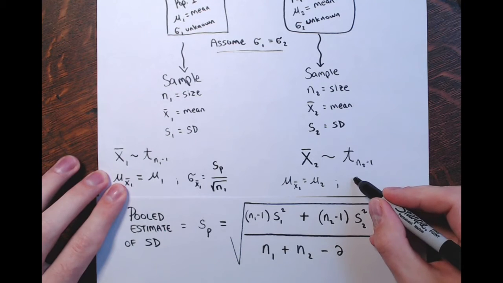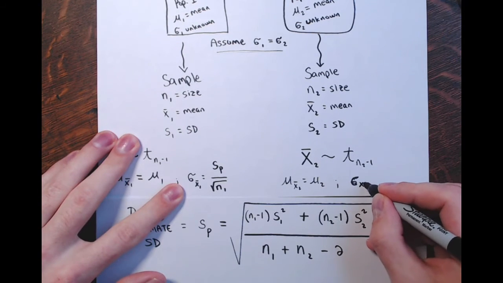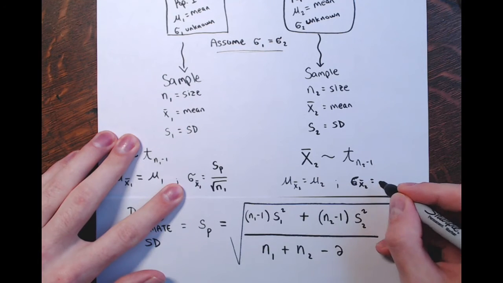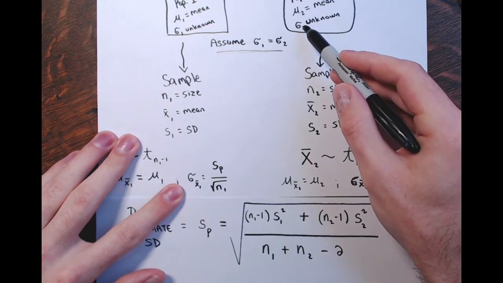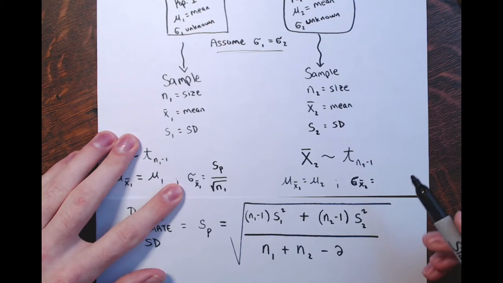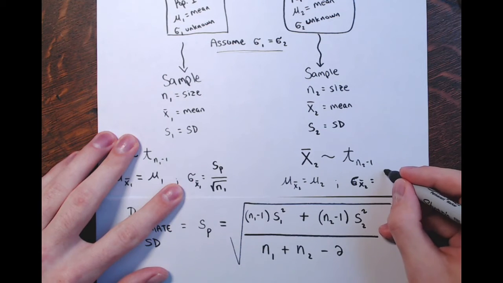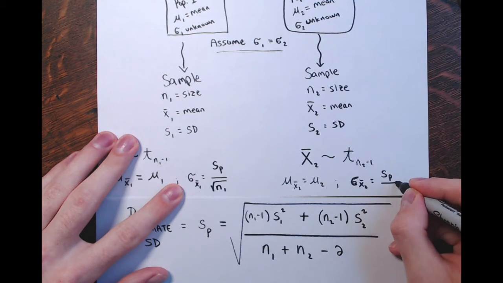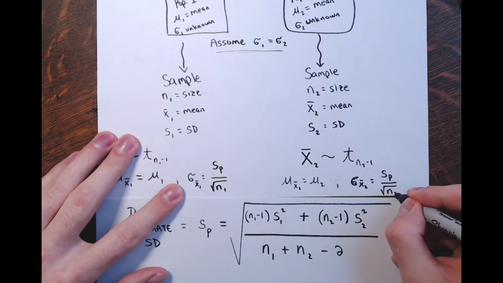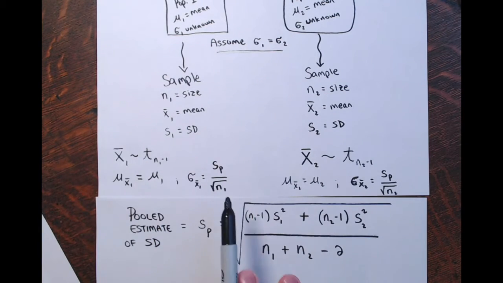The standard deviation of these x2 bars, again, would not be, normally it would be sigma 2 divided by the square root of n2, but again, we're going to estimate sigma 2 with SP, divided by the square root of n2. And again, the only reason I'm doing this is because we're assuming the population standard deviations are equal, so that's why we can use this pooled standard deviation to estimate both.